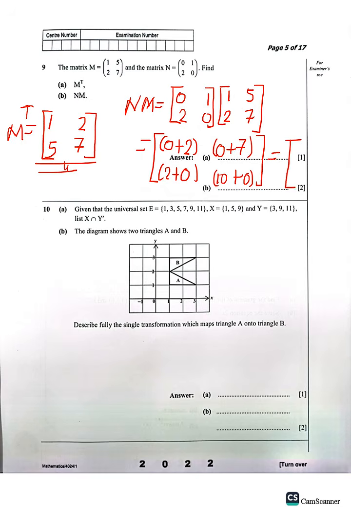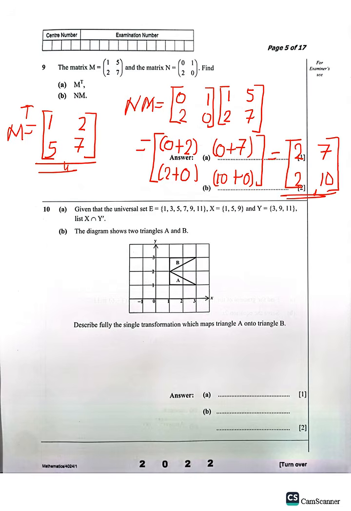Then our final answer here, 0 plus 2, 2, 0 plus 7, 7, 2 plus 0, 2, 10 plus 0, 10. So this is how we can find the product. Now move on to question 10.